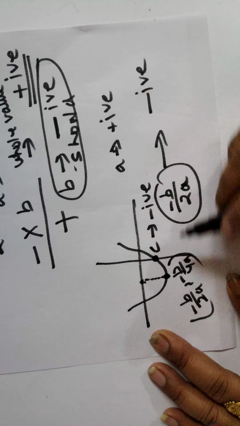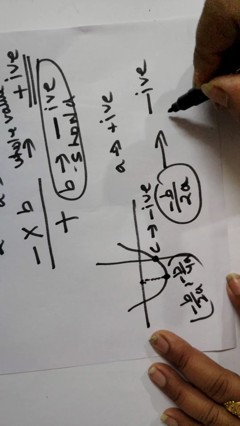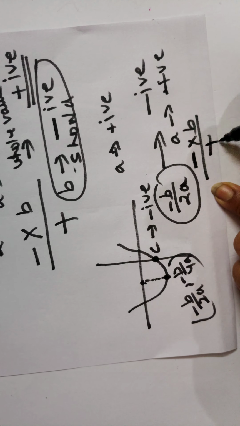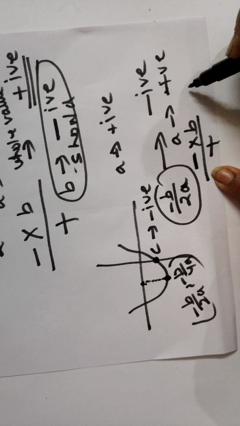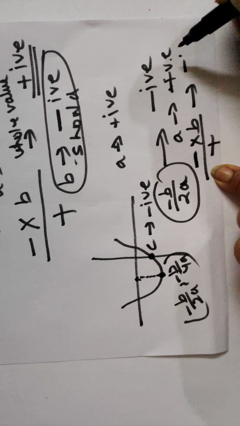Since the parabola is in the upward direction, A is already positive. So minus into b upon positive, we want the whole quantity negative.